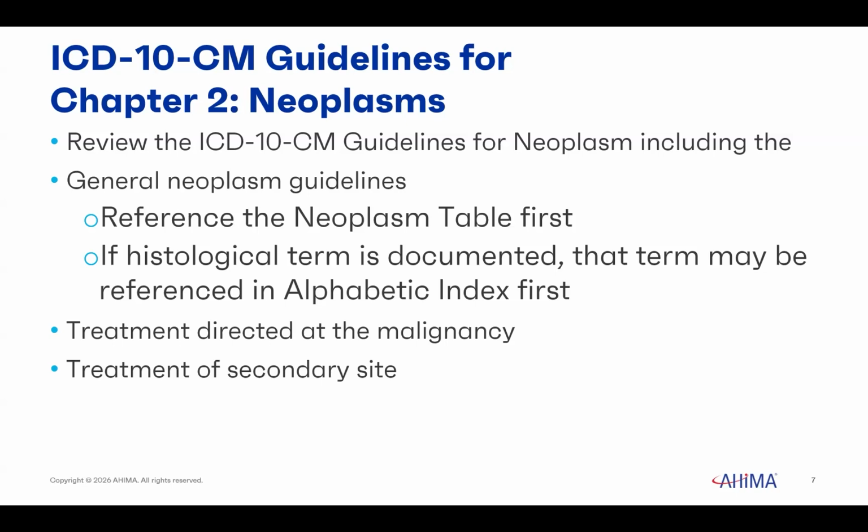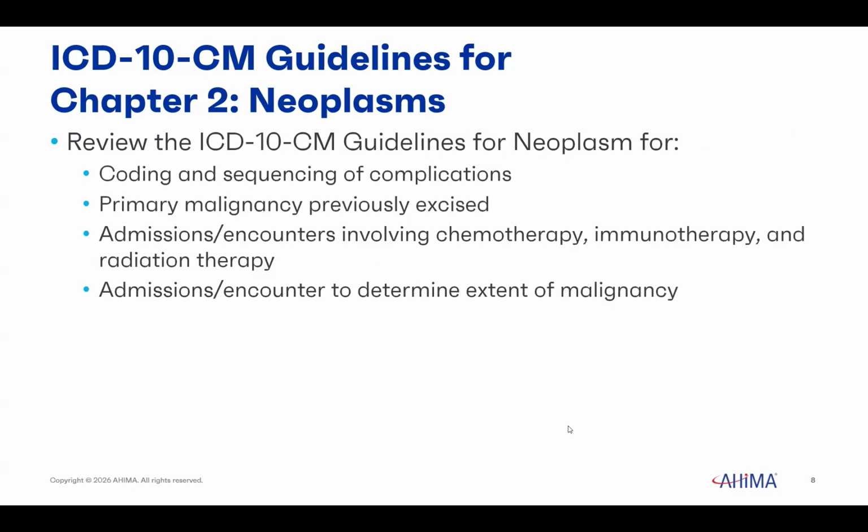And then finally, you want to take a look at the guidelines as they relate to treatment directed at the malignancy or treatment directed at the secondary site. And again, when people are seen, they may have more than one primary, a primary and secondary, and all these matter in terms of how you code them and sequence them.